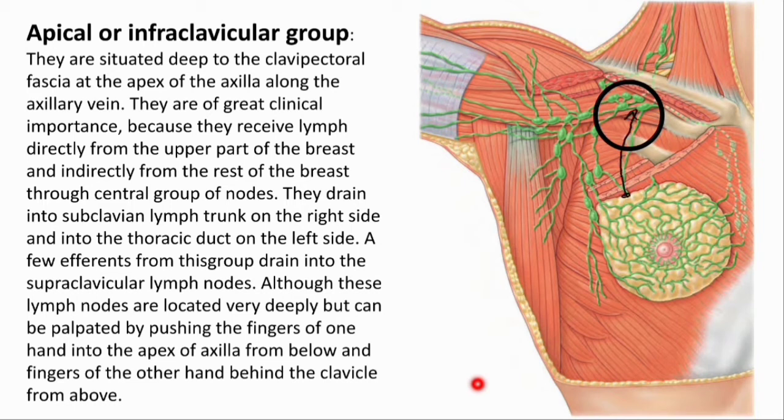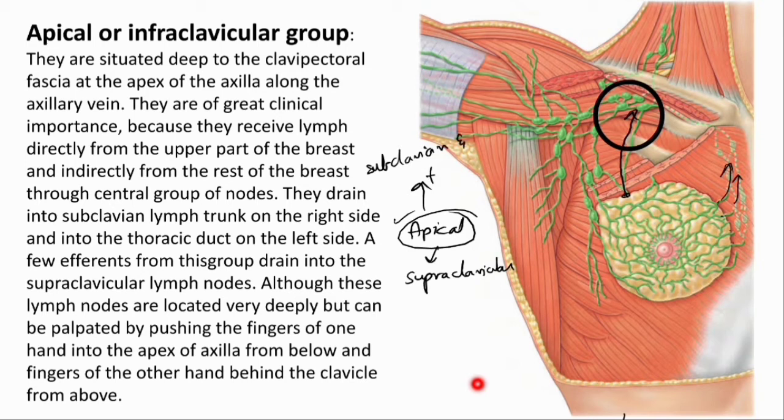Here you can see the lymphatics going from the upper border of breast to the apical group, and also the deep lymphatics of breast drain into the apical group by piercing the clavipectoral fascia. The apical group gives efferents to the supraclavicular nodes, and this finally drains into the subclavian trunk and thoracic duct.